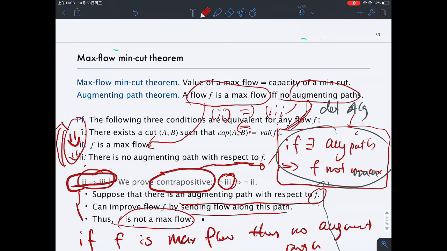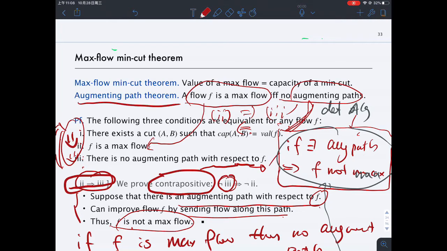So when all these 3 conditions are equivalent, the augmenting path theorem becomes self-evident, and you can also check on your own.